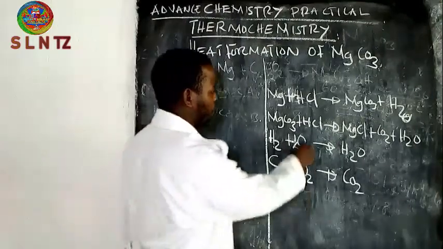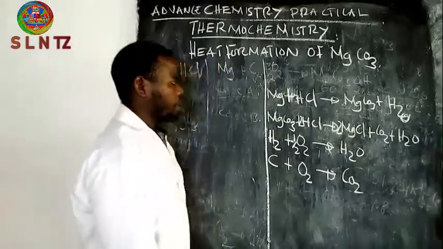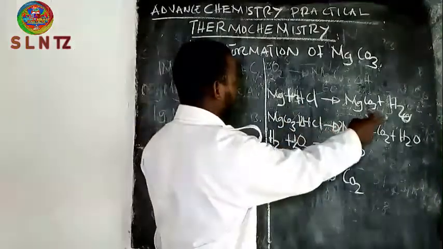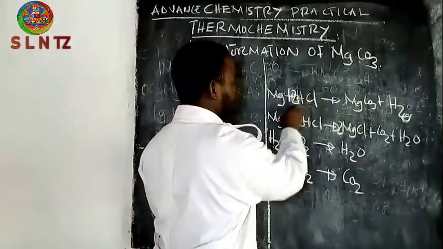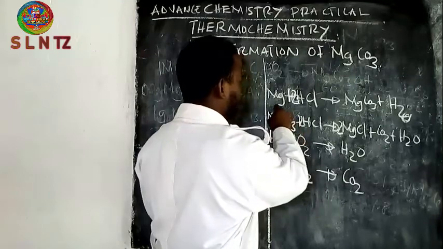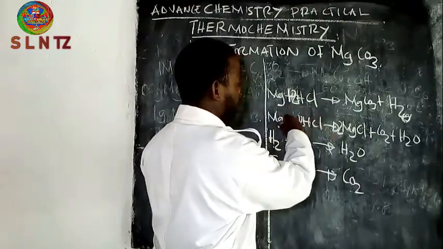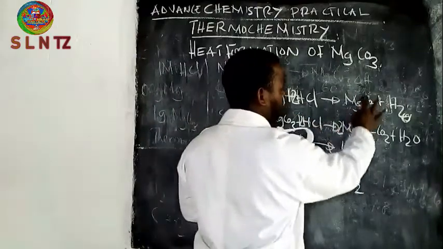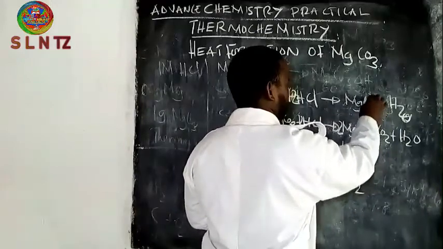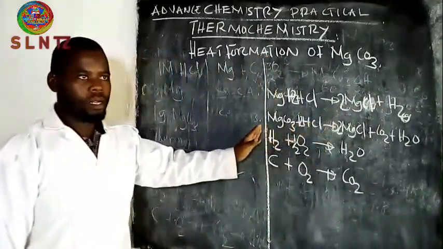Here it is not balanced, but hydrogen gas has 2 here, and the chlorine, hydrogen chloride. Here there is formation of magnesium chloride. So this is magnesium chloride. This is magnesium chloride.